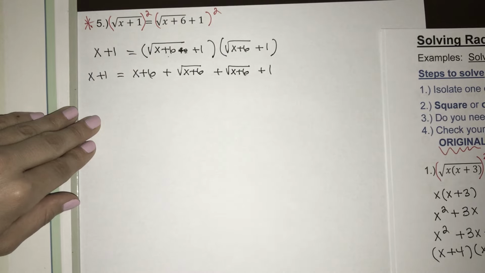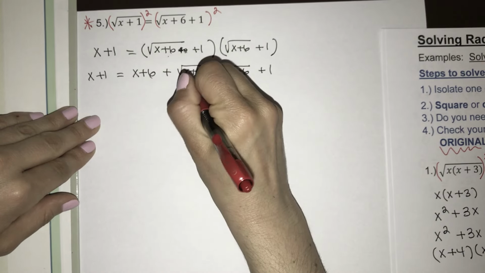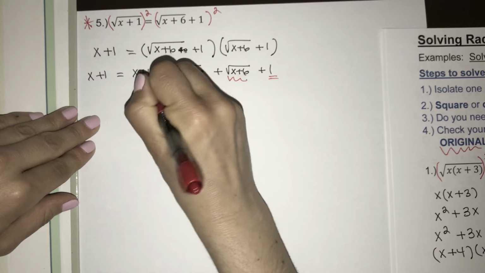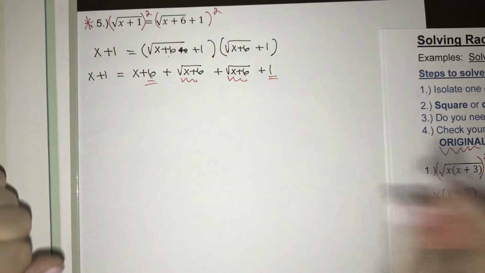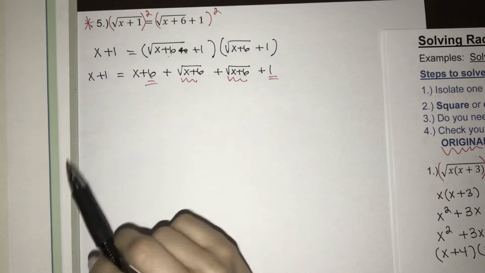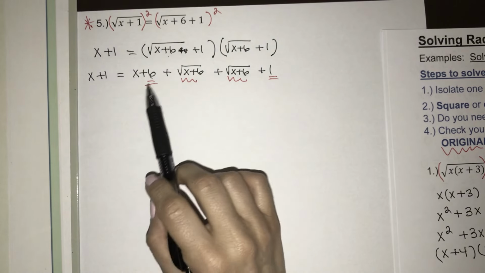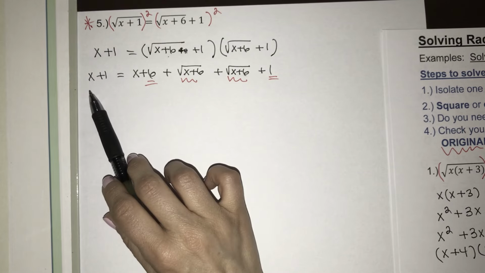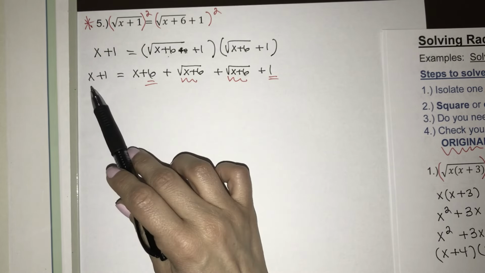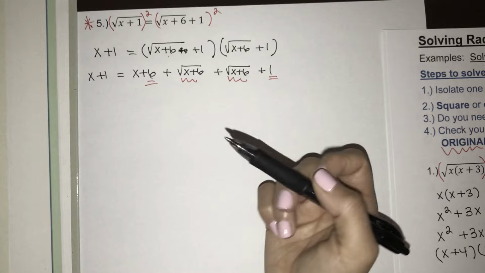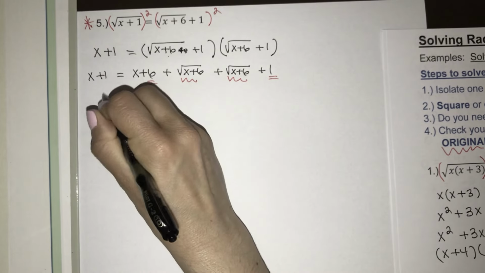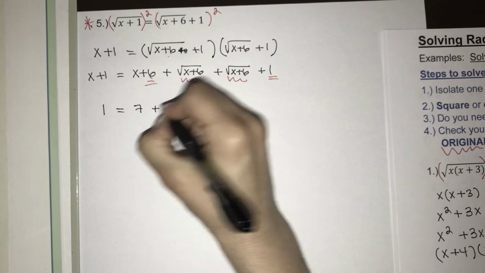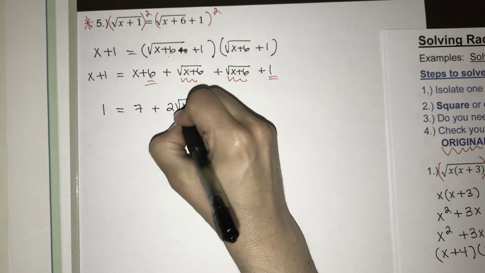Let's combine like terms, which would be those 2, and also 1 plus 6 is a like term. The other thing you can do to simplify this is subtract x from both sides, and the variable x will go away. That will be 0. So I just really have 1 and 7 plus 2 square root of x plus 6.